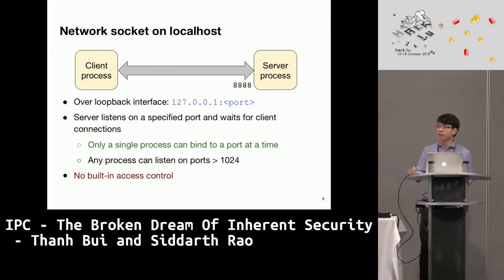As long as the port number is higher than 1024, any process, regardless of its owner, can listen on the port. With network socket, only a single process can listen to a port at a time, but multiple clients can connect to a server. And there's no built-in access control to restrict who can be the endpoint of network socket communications. So this leaves local attackers like mid-malware to exploit it.